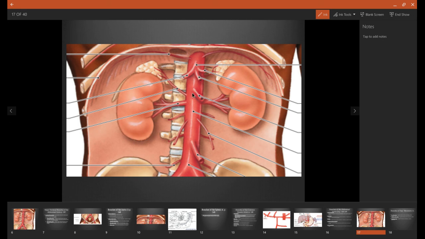We also have the superior mesenteric artery that comes off right after the celiac trunk here. And then we see our suprarenal arteries on either side going to the suprarenal or adrenal glands. After that, we have our arteries going to the kidneys, which are our renal arteries.